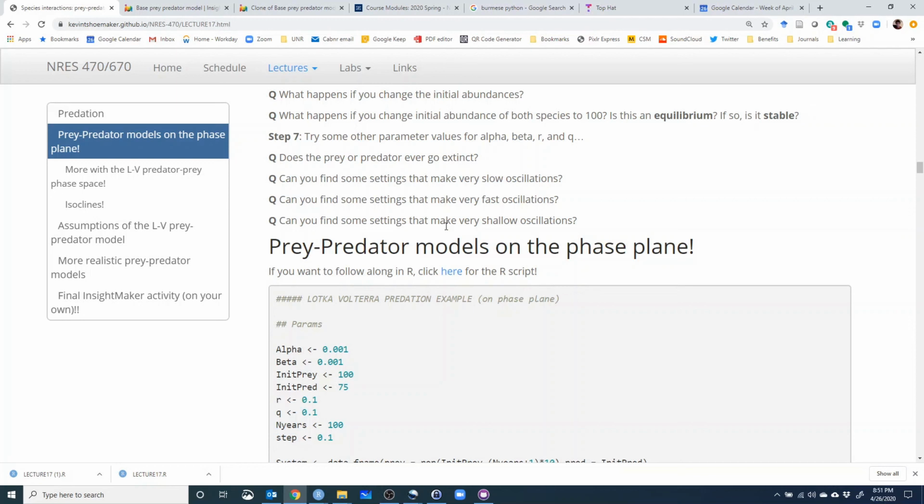Can you find some settings that make very shallow oscillations? That is where there's not much of an amplitude to the oscillation, and that might have more to do with the starting population sizes of the prey and predator. But this is a good chance for you to take a few minutes and play around with this model in Insight Maker, and then we will move on to prey-predator models on the phase plane.